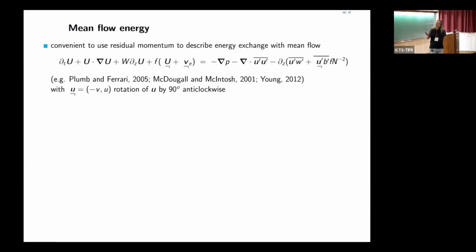And capital U is the model velocity, and you have here these Reynolds stress terms, which are now not eddy stresses, which you usually have in your model equations, but the effects of the waves. U prime, E prime, and so on are wave quantities, and you average them, and then they have no effect in your momentum equation or in your buoyancy equation. And of course, you have the same in the buoyancy equation, or in the temperature and salinity equation, or in the tracer equation, where you also have these fluxes.